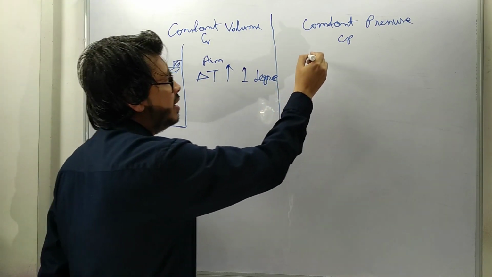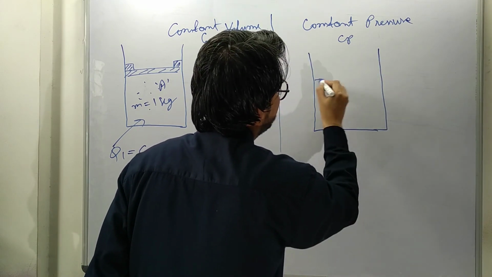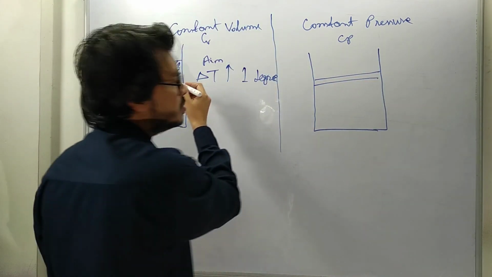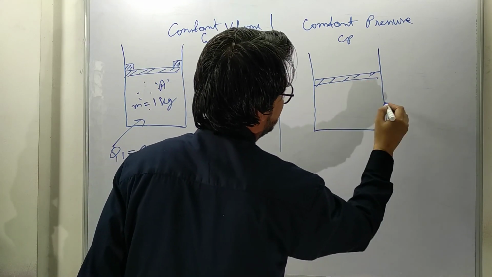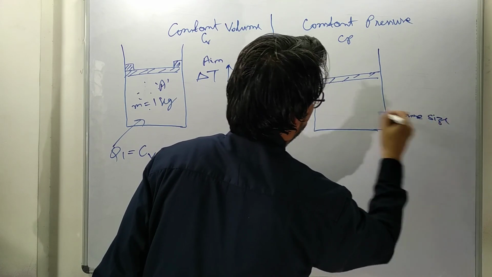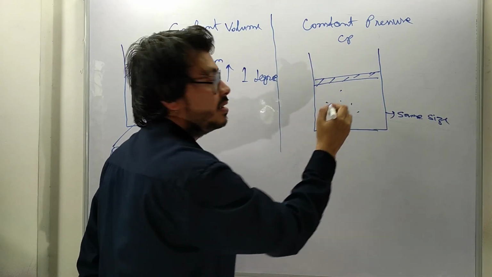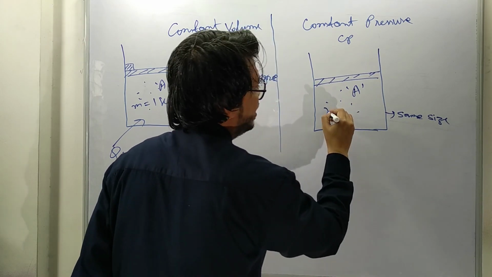Now let us draw another piston cylinder arrangement of the same size as this one, and the same gas is filled in this cylinder having the same mass 1 kg.